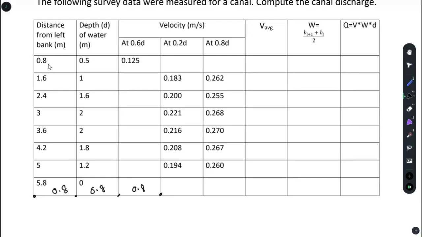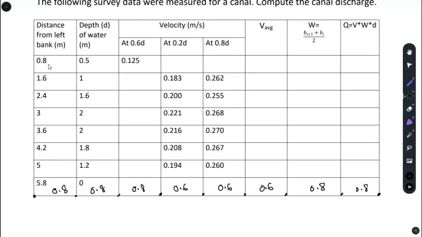and the distance from 2.4 to 3 is 0.6, and the distance from 3 to 3.6 is 0.6, and the distance from 3.6 to 4.2 is 0.6, and the distance from 4.2 to 5 is 0.8, and the distance from 5 to 5.8 is 0.8.